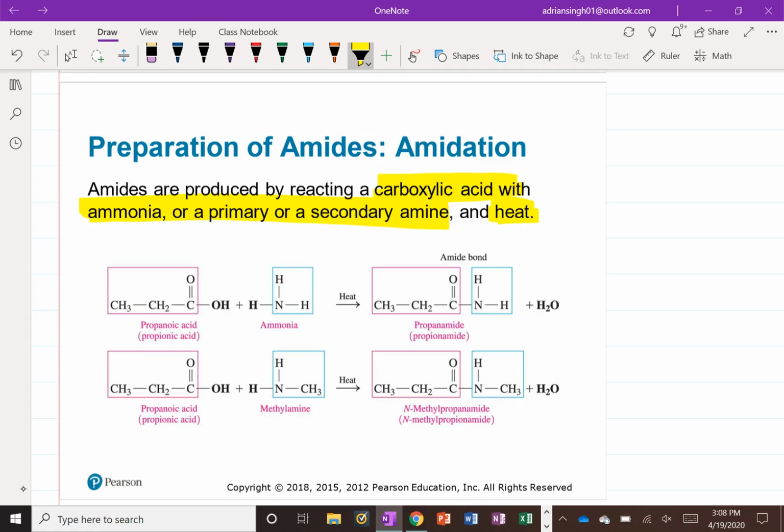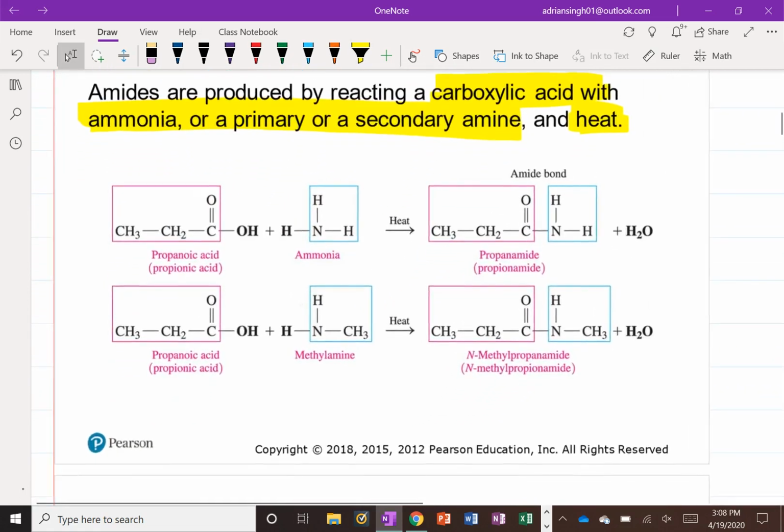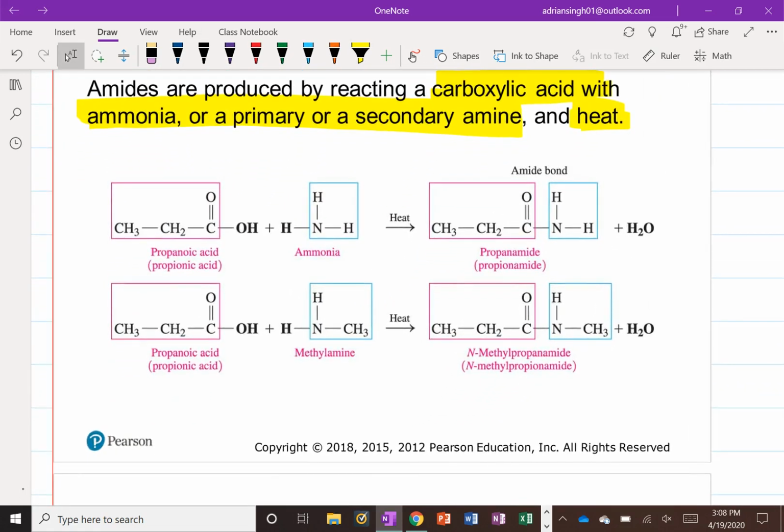All right, so just like when we looked at the esterification reactions, we're going to see some parallels here with the formation of amides. There's our carboxylic acid with the carboxyl group, and here now we have our ammonia, and specifically the part of ammonia that we're going to be concerned with is that H, which is right here.